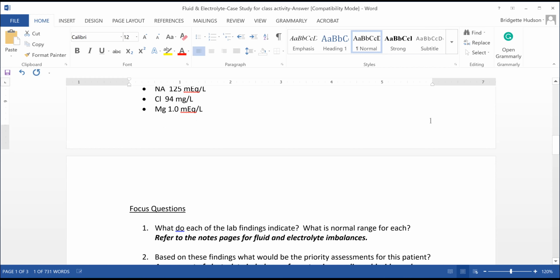All right. Based on these, what would be your priority for this patient, your priority assessment? So our two key issues are the sodium and the potassium. That's going to be our big ones. And remember, in order to get the potassium up, we'd have to give what first? That was right at the end of the lecture.